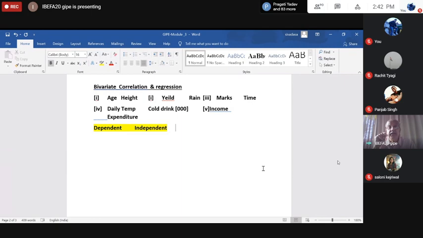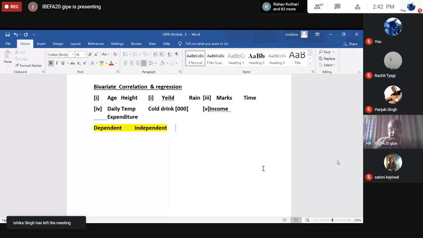How many marks can a student get in our package when he attended 80% of the sessions? Correlation regression. How many bottles of cold drink to be sold on a day when the temperature is 30 degrees Celsius?